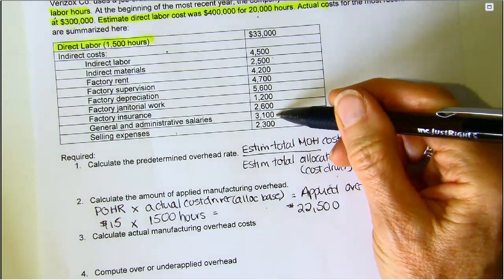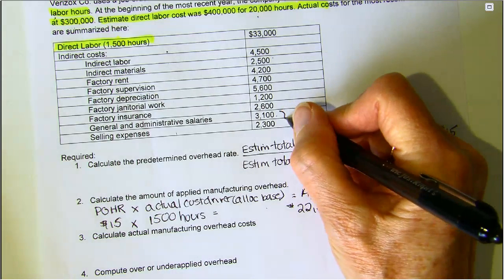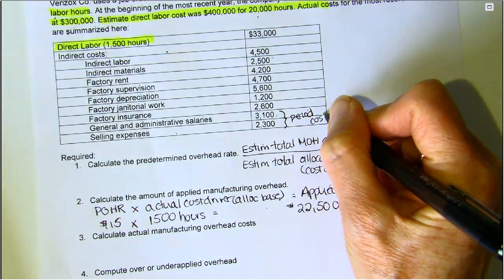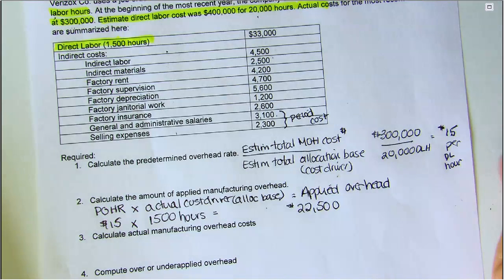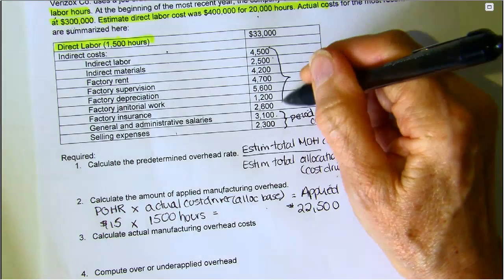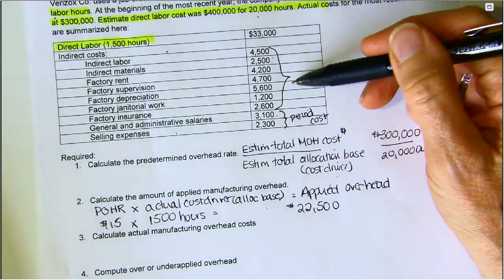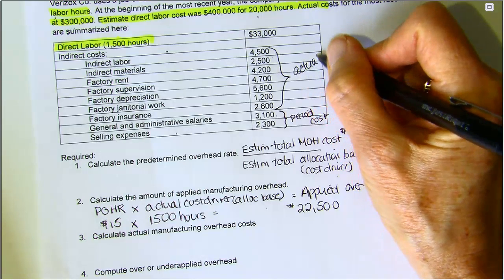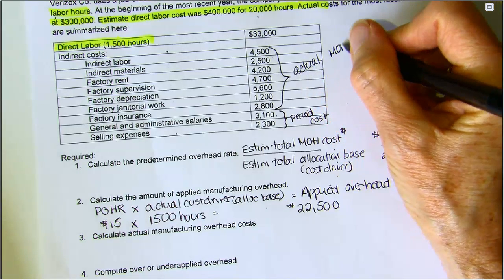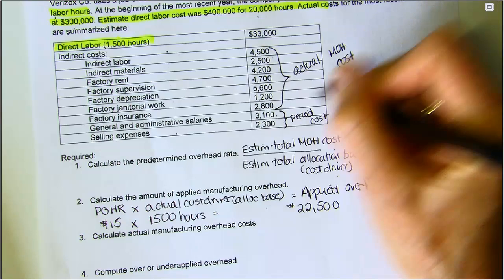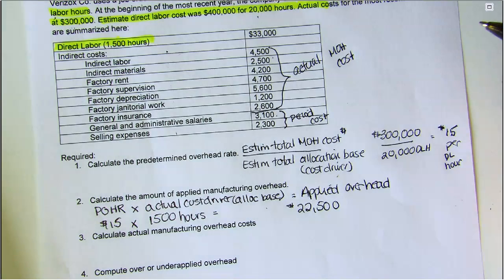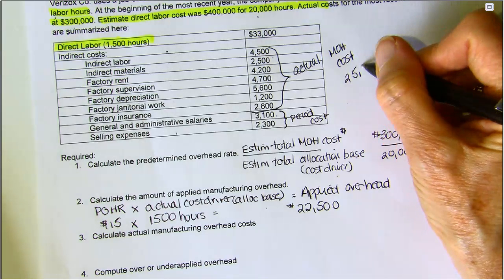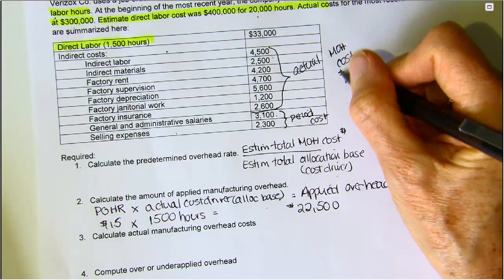General administrative salaries and selling expenses are period costs. They do not belong as part of manufacturing overhead. So we're going to add up those that I have just put in a bracket here. That will give us our actual manufacturing overhead cost, and that totals $25,300.